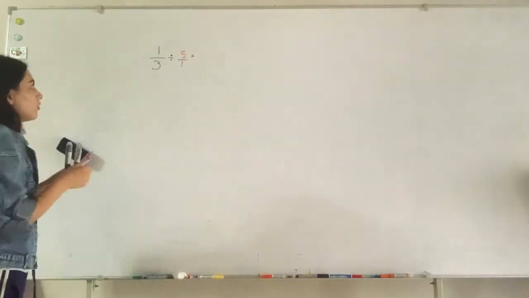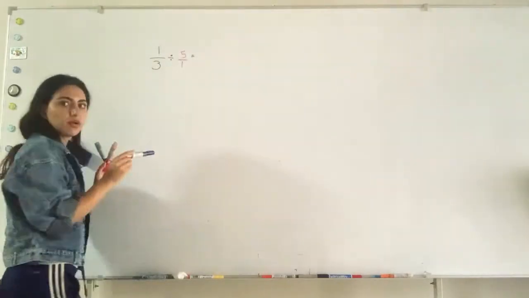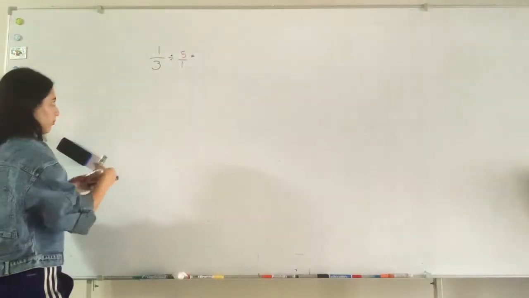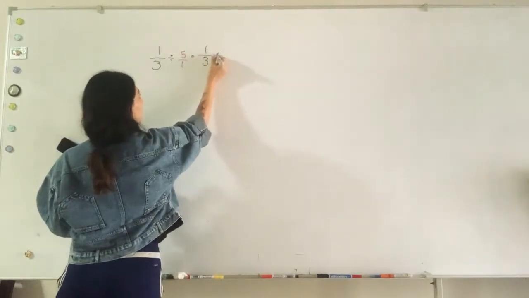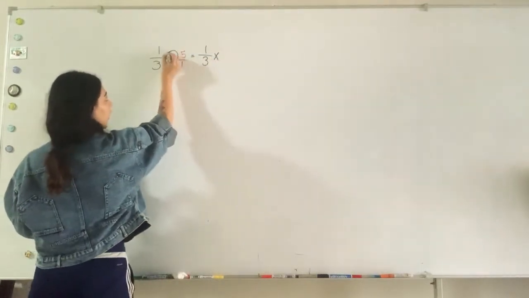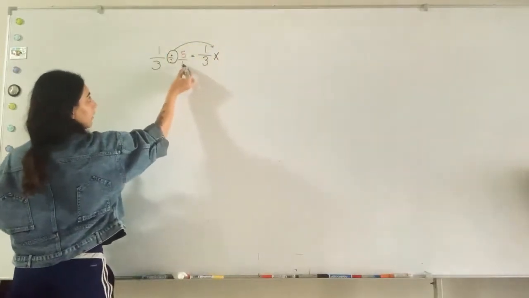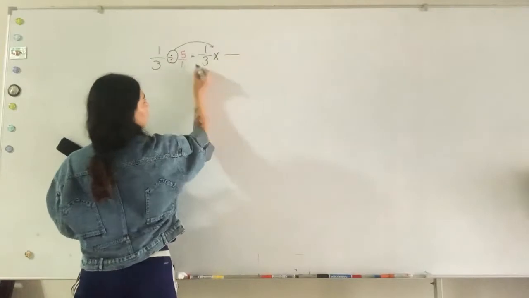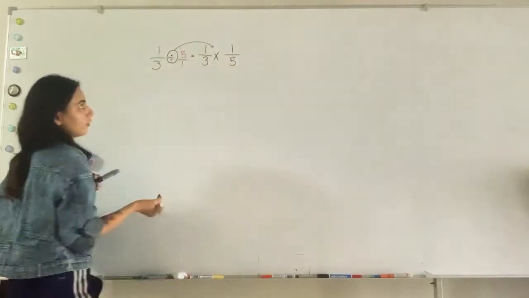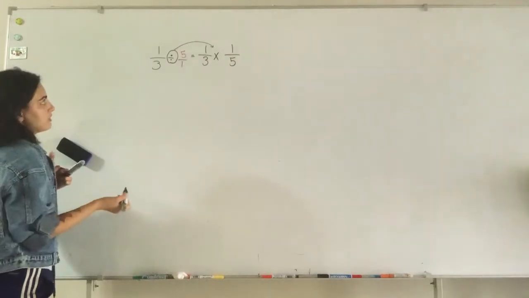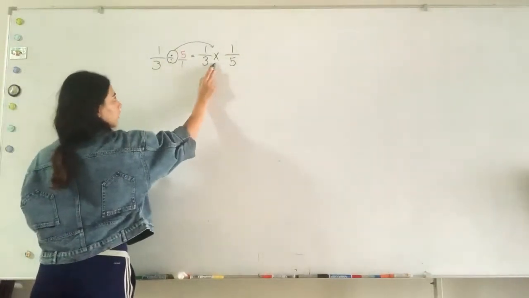Okay? So the way we have to do it, we have to look at the second number and flip it over. That will be 1/3 times, you change the division to times, and then you flip it, 1 over 5. You see what happened? You change the division to multiplication.